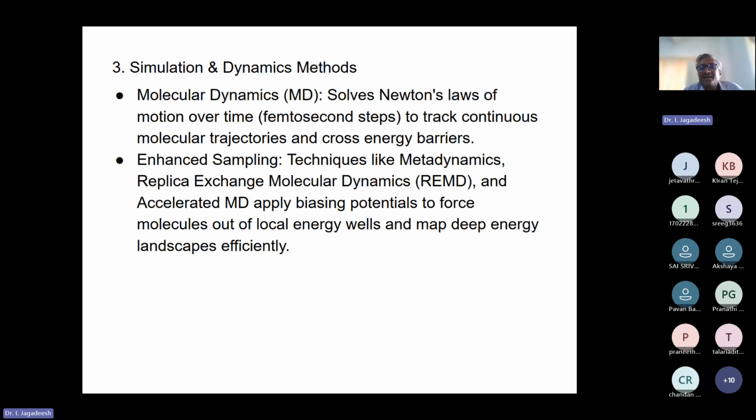Techniques like metadynamics, replica exchange molecular dynamics (REMD), and accelerated molecular dynamics apply a biasing potential to force the molecule out of the local energy wells and map the deep energy landscape efficiently.